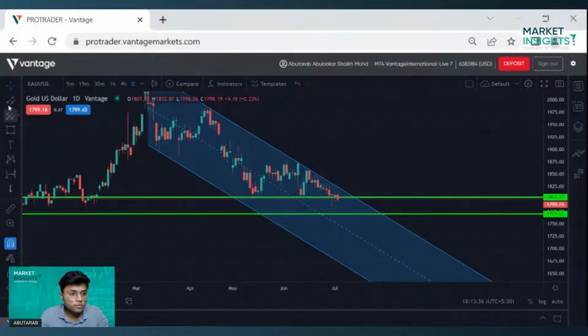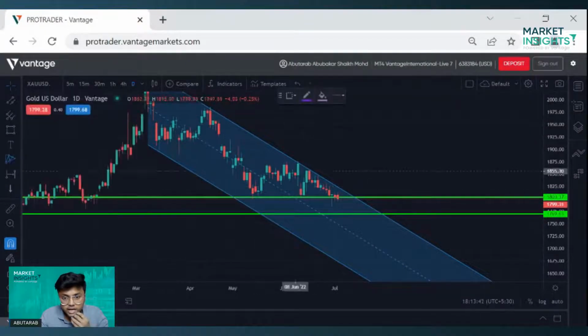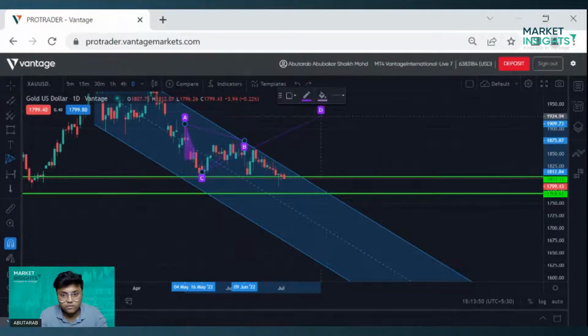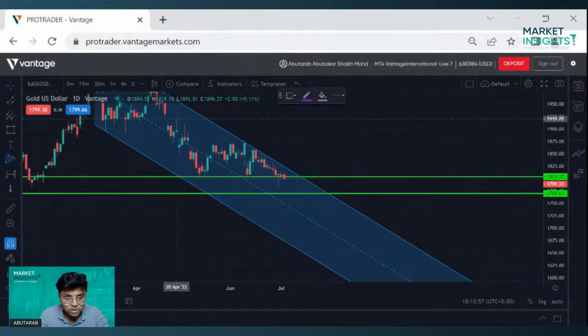Some people would also tell that there is a triangle pattern. This is how we draw patterns. We just draw the trend line and then we can see that some triangle pattern is being made. Wait a second. Delete this. I will also show you how a triangle pattern can be seen here.